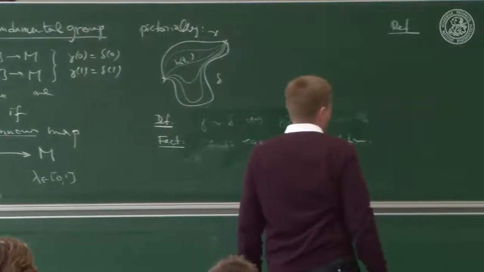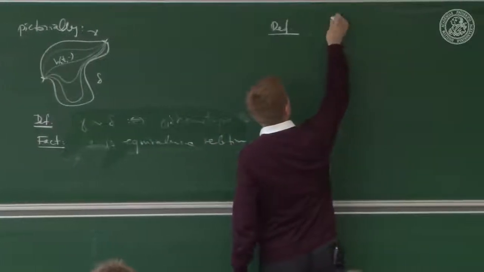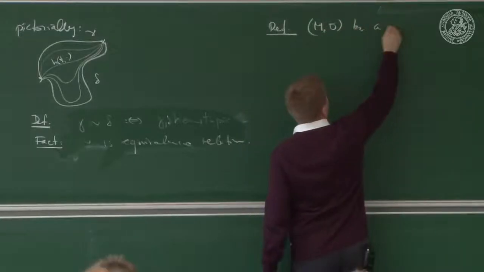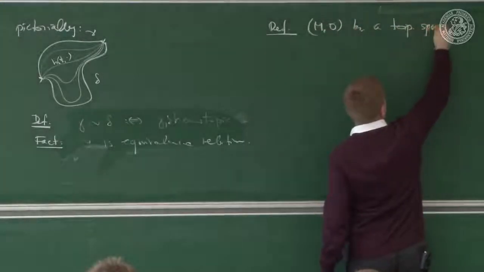and that's the space of loops. Definition. Let M be a topological space.